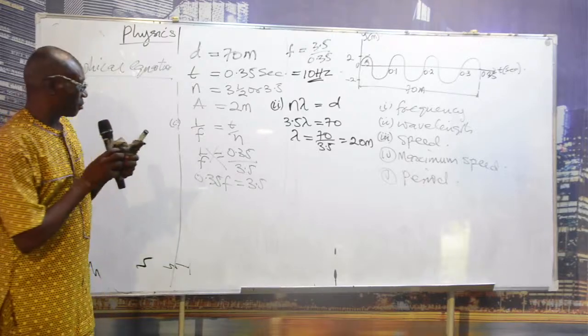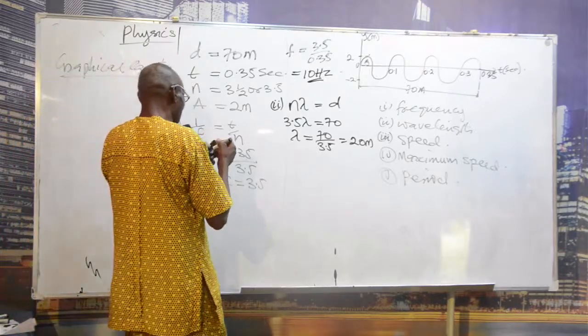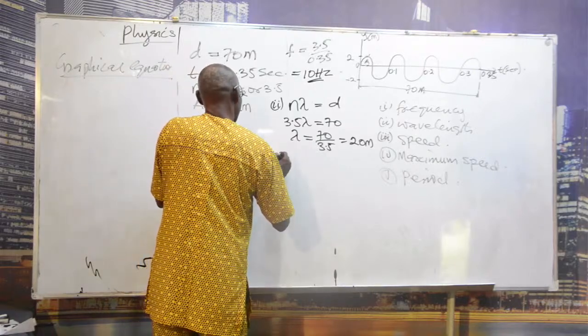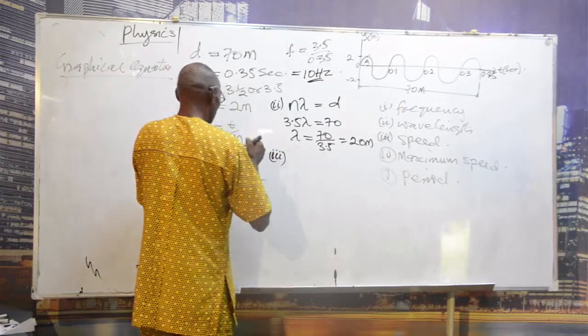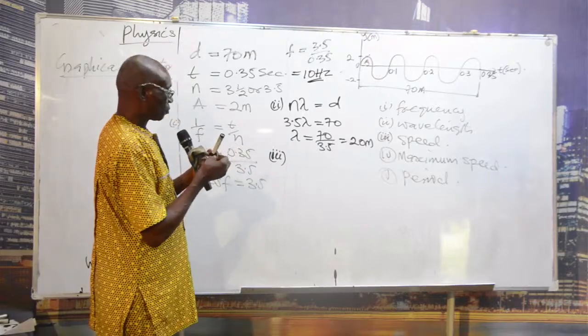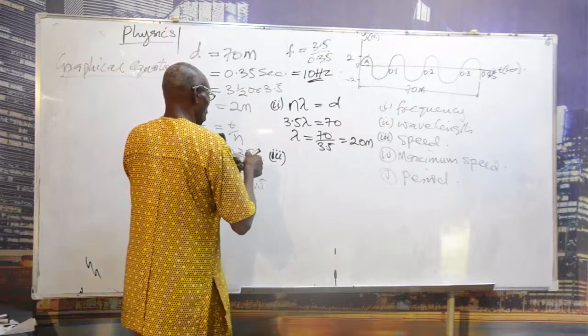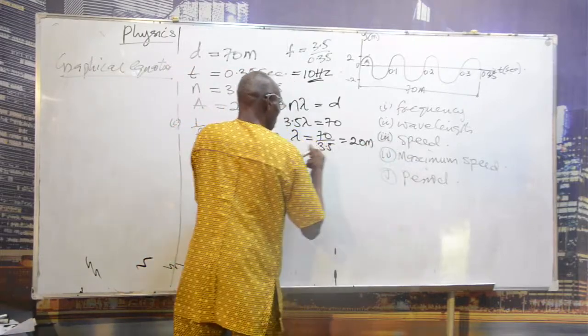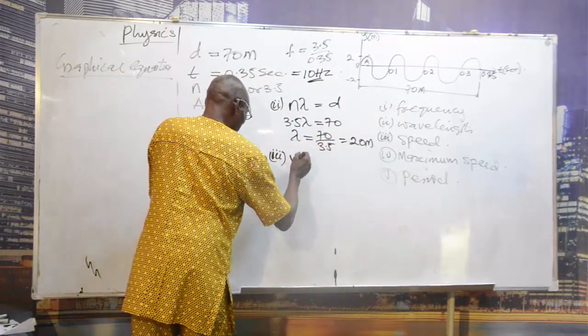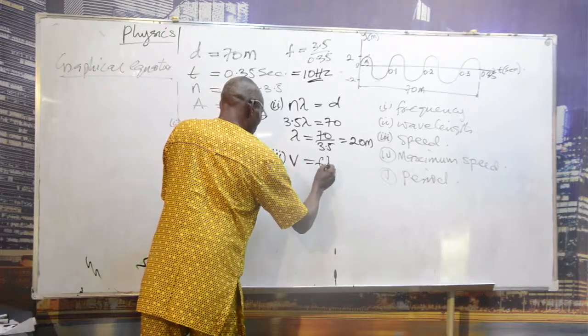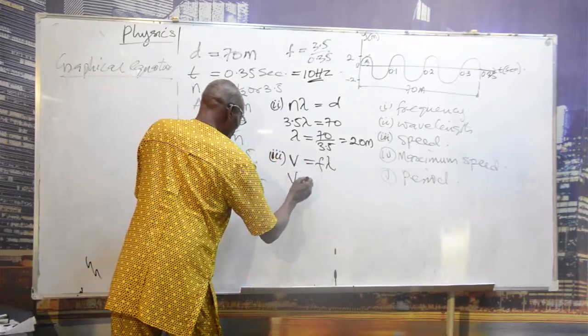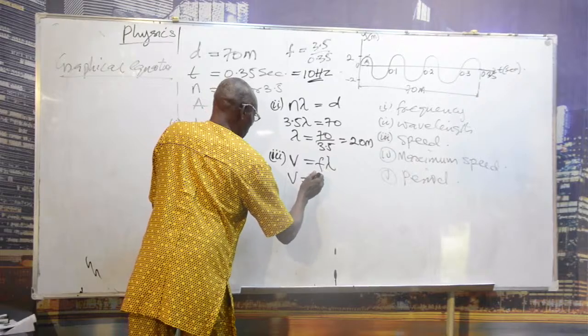Okay. After that, I have another one. What is this one? Speed. Not maximum speed, ordinary speed. We know that speed v is equivalent to f times lambda. What's f? 10.